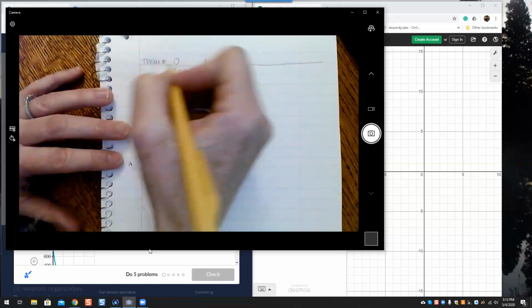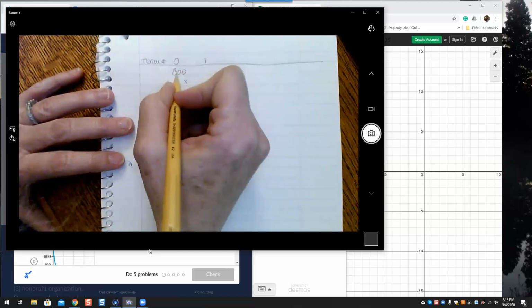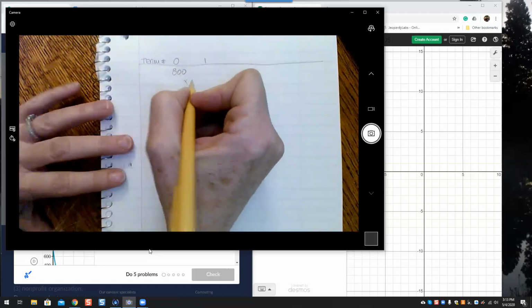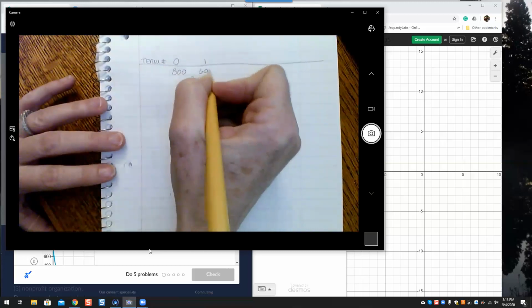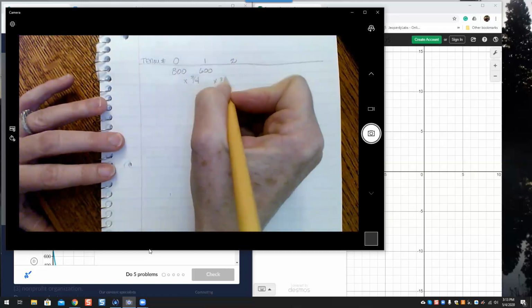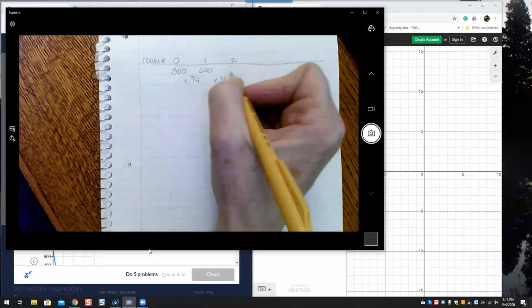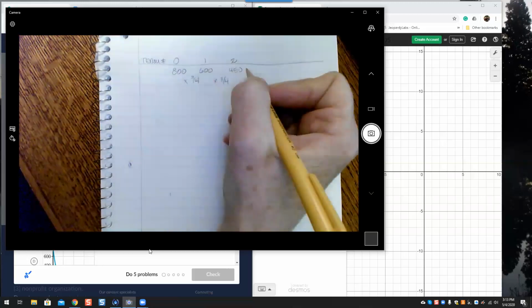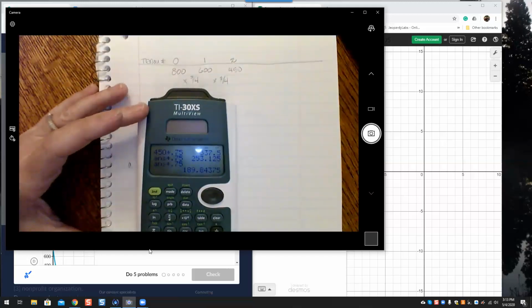So term 0, we have 800. Term 1, we're going to multiply that 800 by 3/4 because that's how much is going to be left. 3/4 of 800 is 600, and we're going to multiply that by 3/4 to find out how many trees are left the second year. And I think we have 450. Let me just double check. 600 times 0.75 equals, yep, 450.